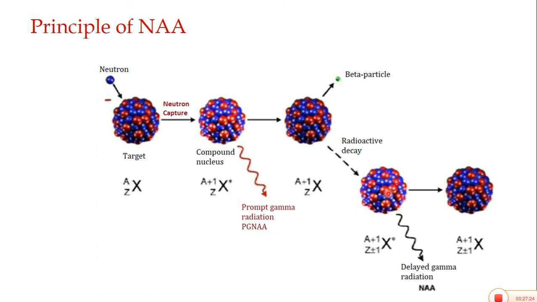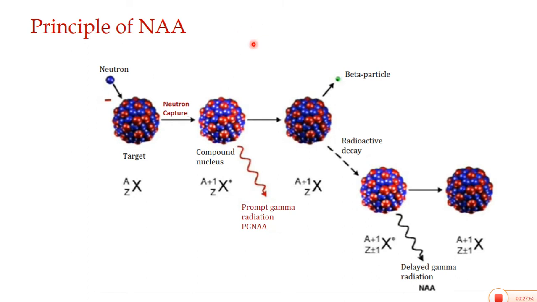nucleus. So in order to measure how much concentration and what type of element is in the sample, we can measure by reference sample material, because if you want to study whether it is gold or not gold, you have to compare the gamma spectra in the delayed gamma radiation pattern or in the prompt gamma radiation process with the spectra of the gold element.